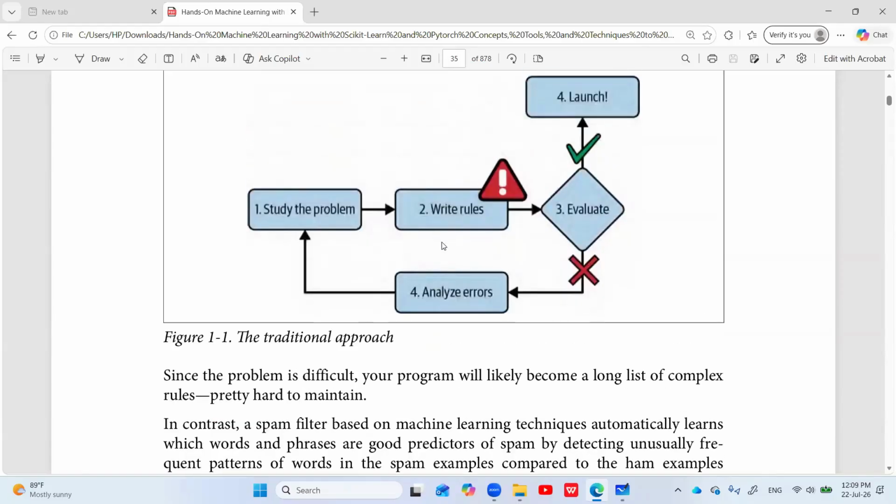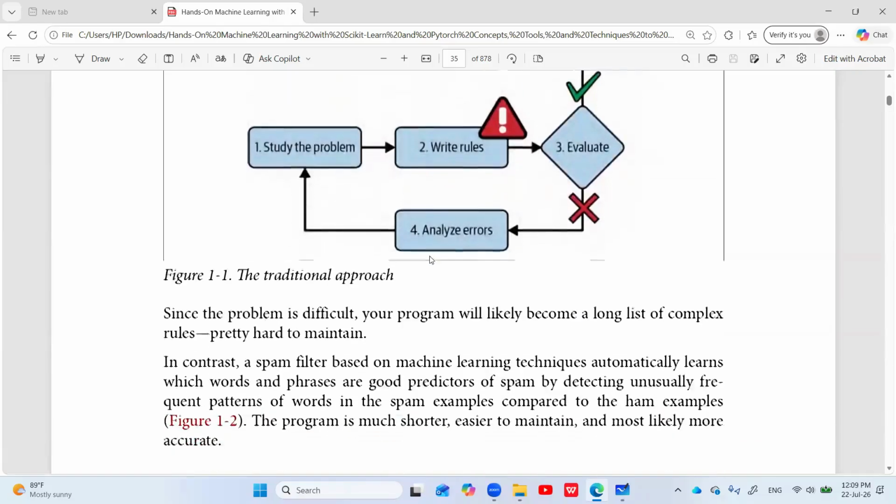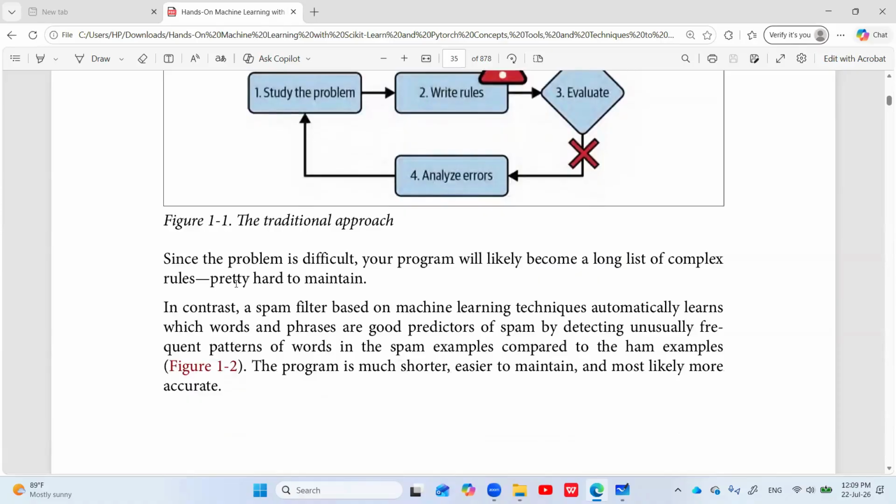Now in this case, what will happen? You have to write a large number of rules whenever the spammers write some new kind of thing. This is therefore difficult.